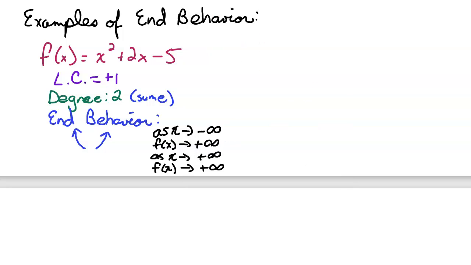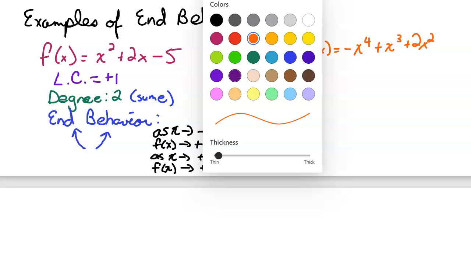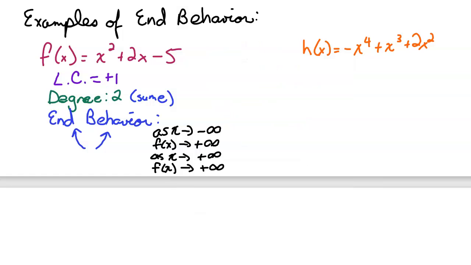Let's look at another example. H of x is equal to negative x to the fourth plus x to the third plus 2x squared. Okay, well, our leading coefficient in this case is actually a negative 1.